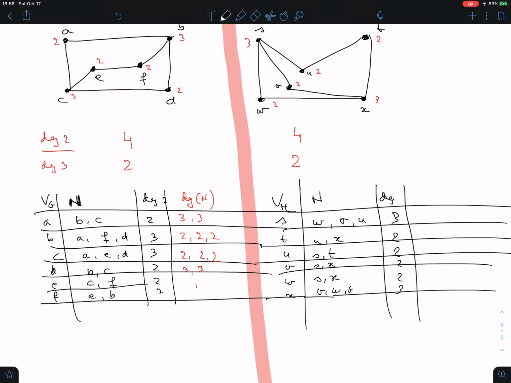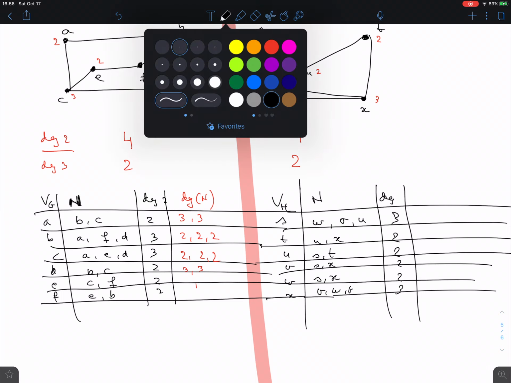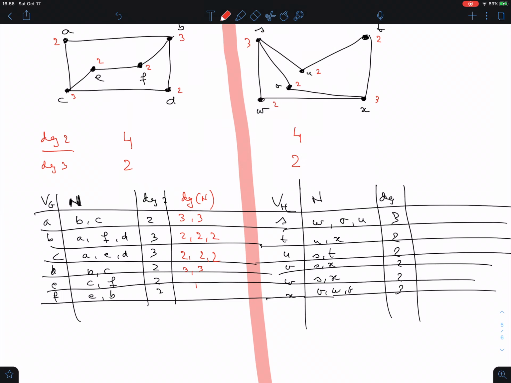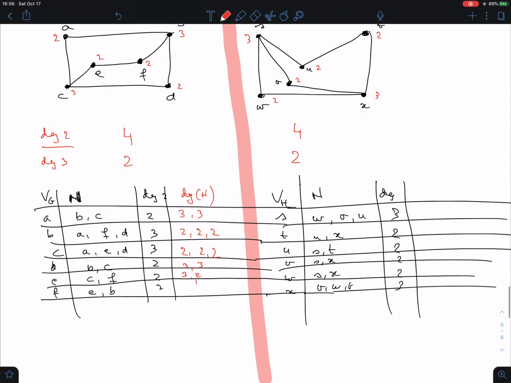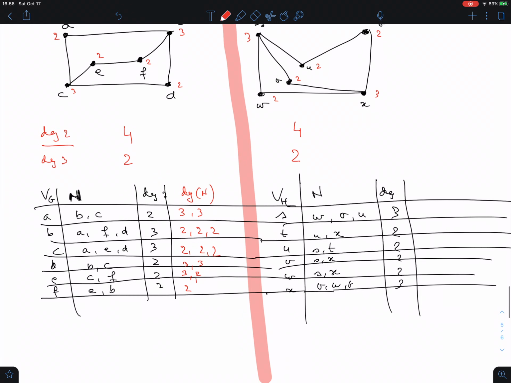Give me a sec. So C has degree 3. So many numbers, I get confused. F has degree 2. E has degree 2, and B has degree 3.